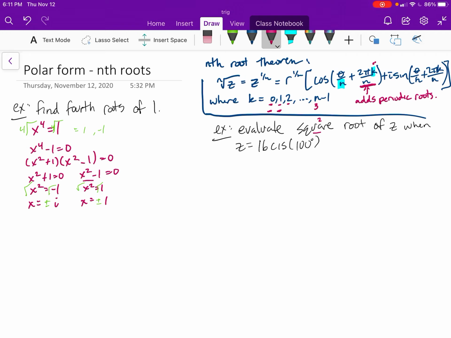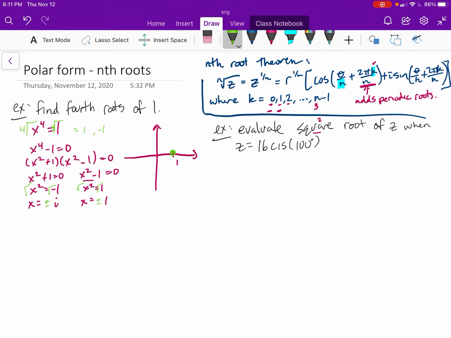Graphically, I want to show this really quick. Graphically, we could find these solutions as well. Once you know one solution, we can visualize what the others will be. I know one of the roots of 1 is 1, so this is a solution.